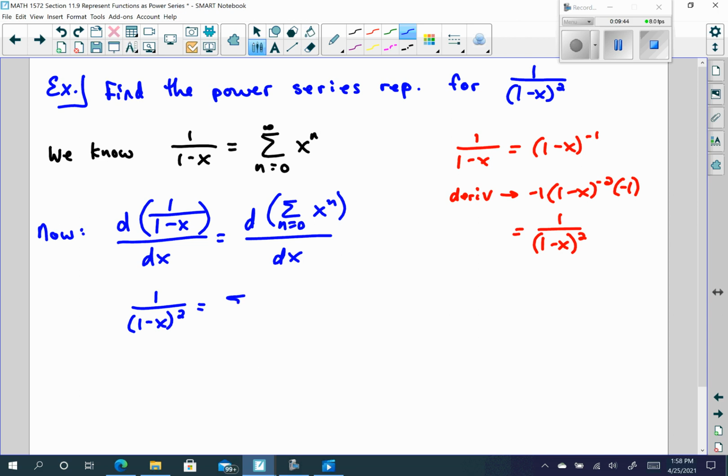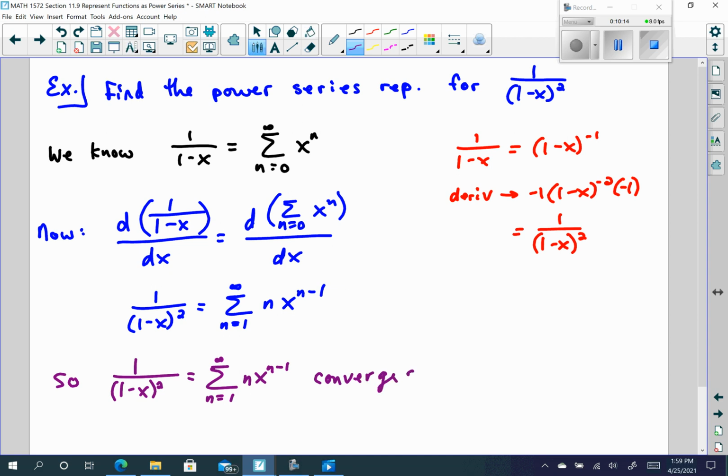This will become the summation, this time as n goes from 1 to infinity, again because that first term drops. And then we'll just use the power rule here. It'll be n times x to the n minus 1. So this converges if the absolute value of x is less than 1.